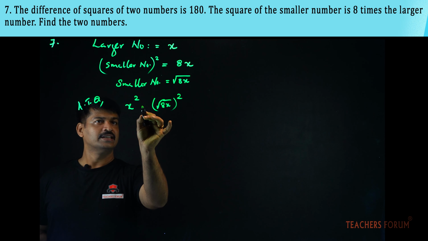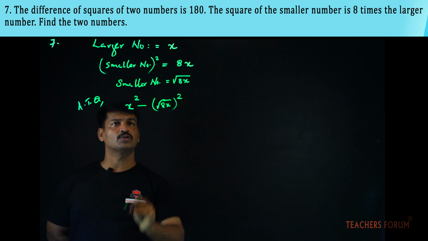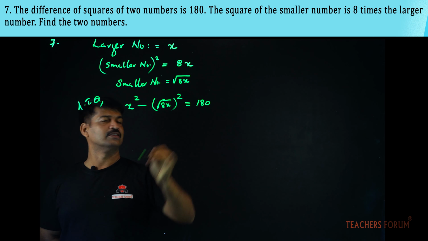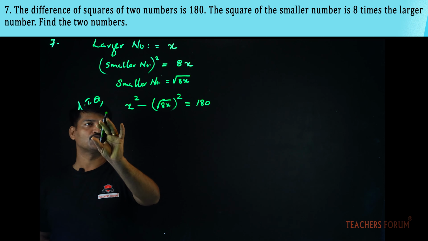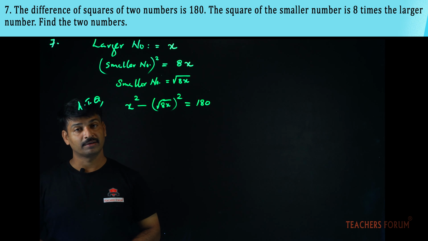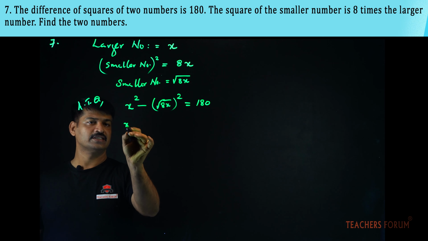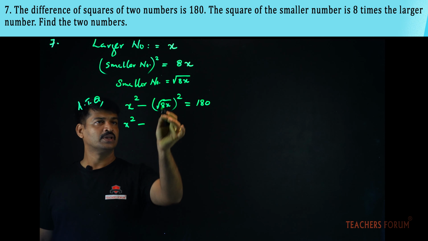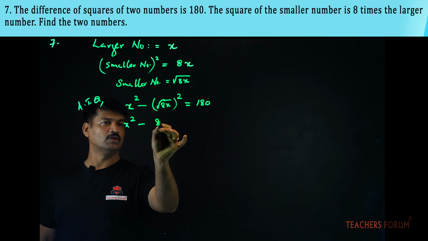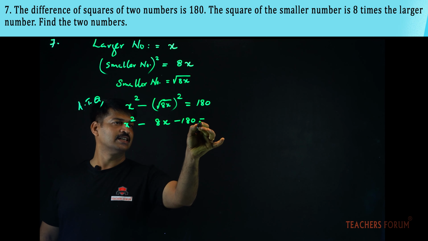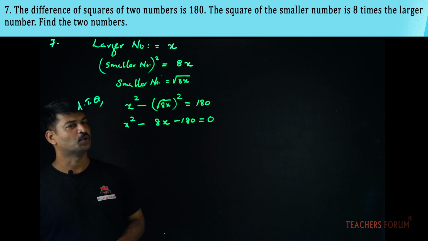So you can write the given condition like this: x square minus root 8x the whole square equals 180. That is x square minus, the root and square get cancelled, you will be getting 8x. Let us take minus 180 to this side, it becomes minus 180 equals 0.